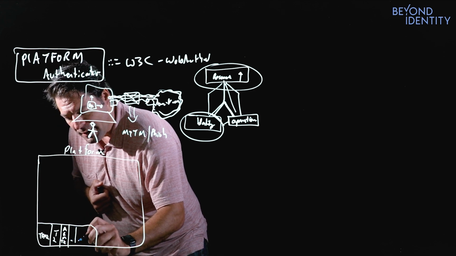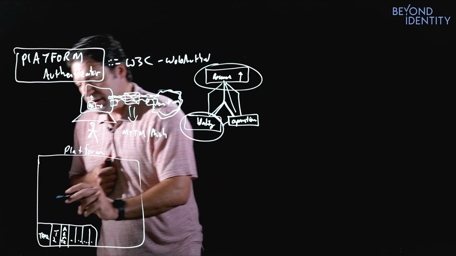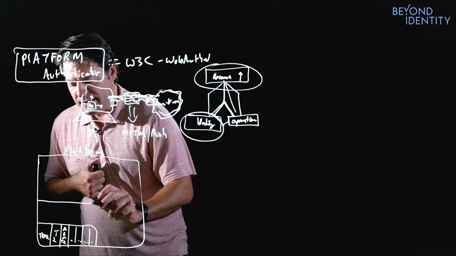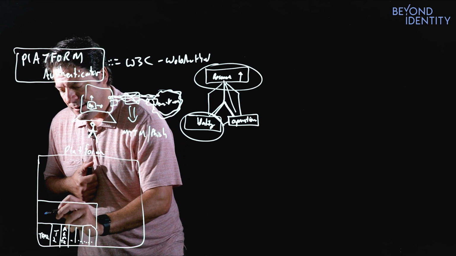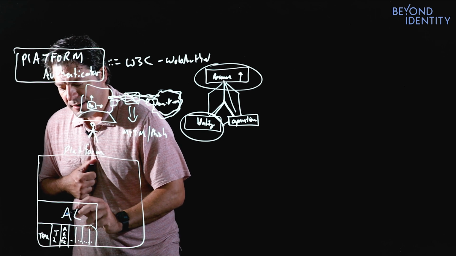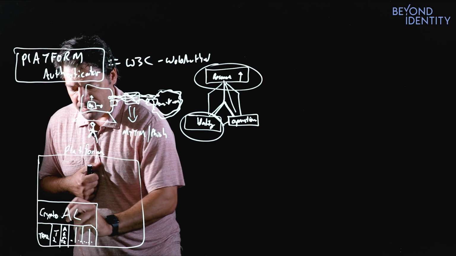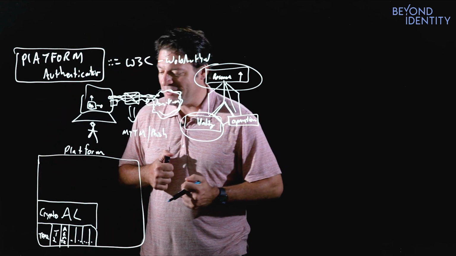I'm not going to write these all out. Hopefully you can see that there's a lot down here, right? So the first thing our platform authenticator has to do is establish an abstraction layer. We call this our crypto abstraction layer. And again, not crypto as in blockchain, but crypto as in cryptography.